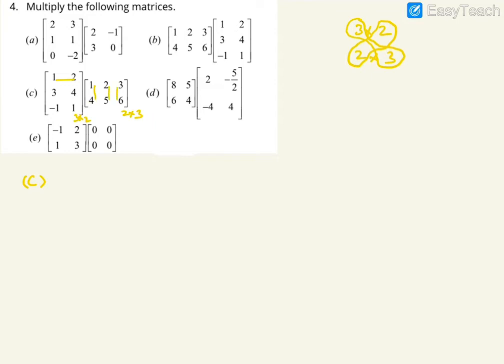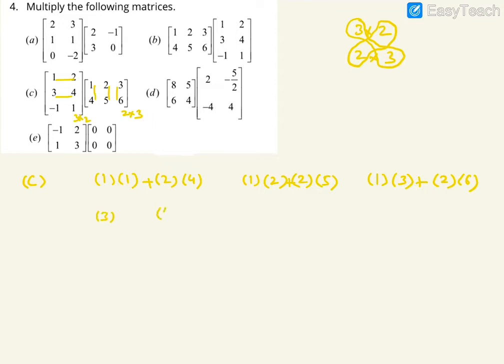So first of all 1 will multiply with 1 plus 2 is going to multiply with 4. Now 1 with 2 and 2 with 5. Again 1 with 3 and 2 with 6. Next 3, 4.